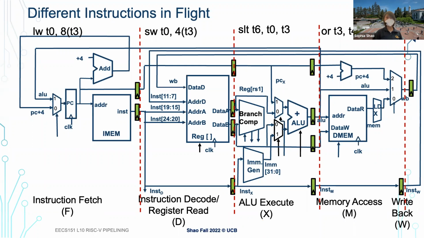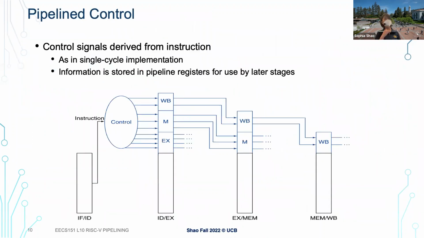So this makes control signals even more complex, right? When we talk about control, we need to specify different control signals based on the instruction we're dealing with. Now the instructions we're dealing with are different at different pipeline stages. So one thing you'll realize, especially when you start your project, is that when you do pipelining, we propagate data through the pipeline.